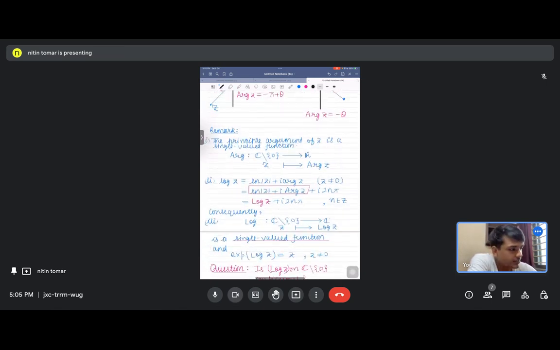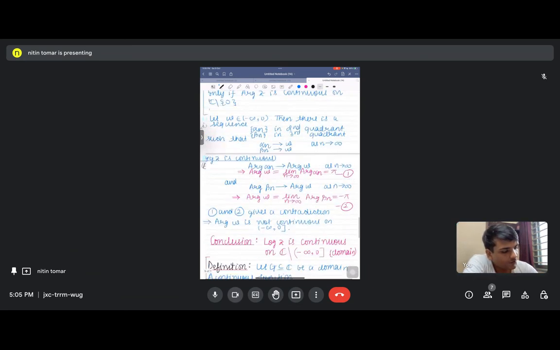Is ln mod z defined for z equal to 0? Real logarithm is not defined for 0. Do you agree with this? Yes, sir.